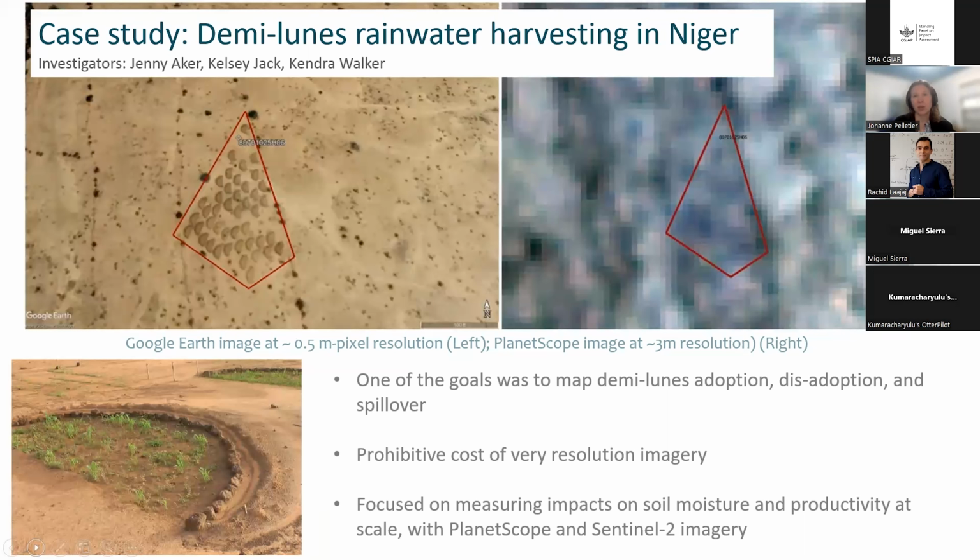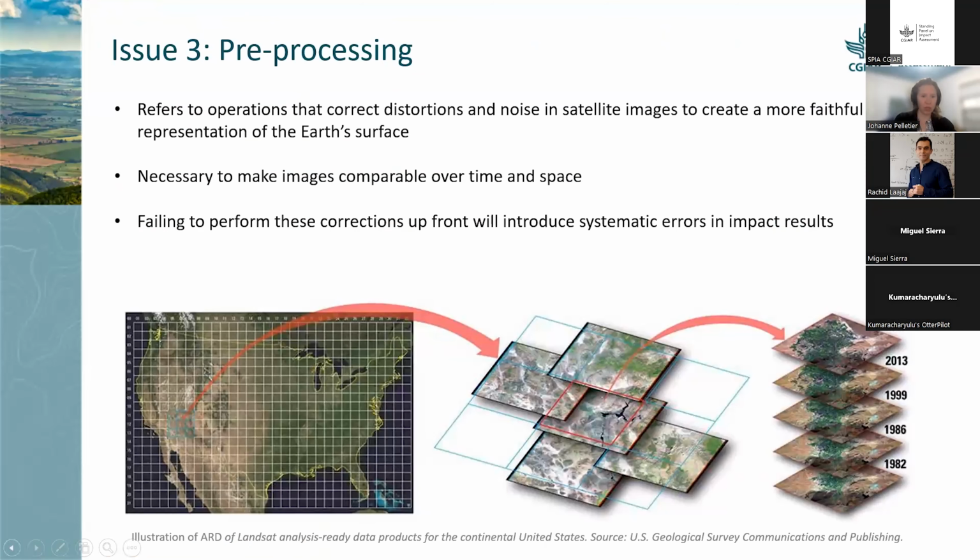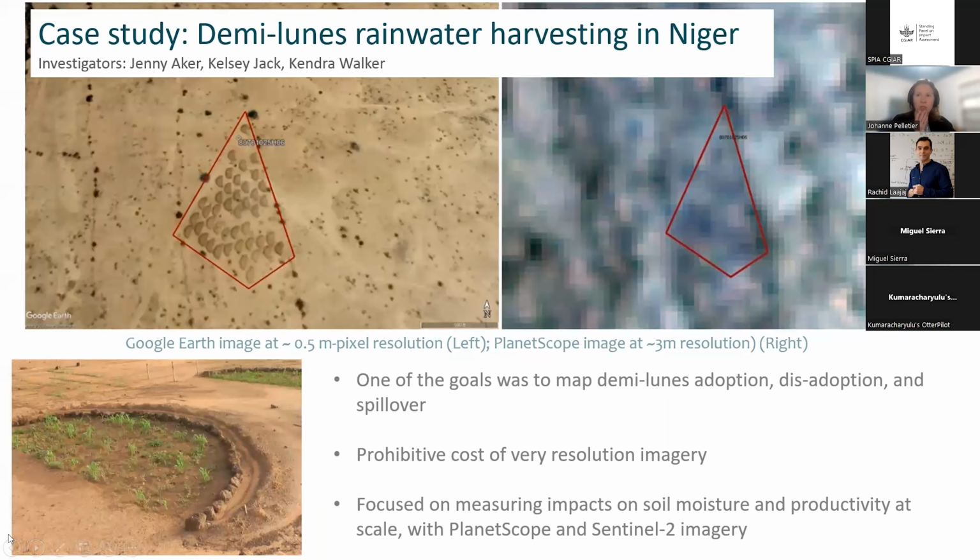But then in the imagery that could be available for free for a project, in PlanetScope imagery, it was really not visible. Because one of the goals was to create a method that could be transferred to the Niger government to monitor the practice at scale, the cost of the very high resolution was prohibitive and against their objective of technology transfer to the government.